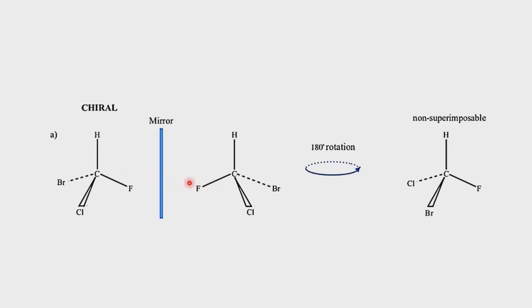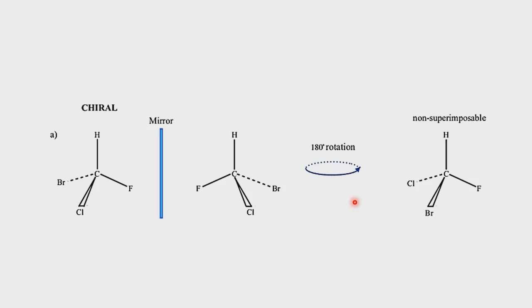Then it is mirrored by the fluorine atom over here, and we have the chlorine atom also in here, while the bromine is located at the rear side. We also have the bromine mirror image in here. However, if we rotate this object about 180 degrees, it will produce a non-superimposable image, because if we bring this molecular structure into this one, we will not be able to make fluorine and chlorine fit.